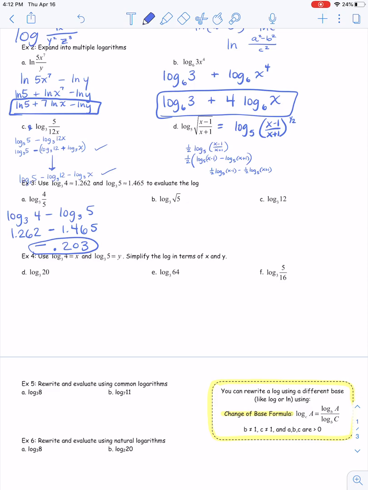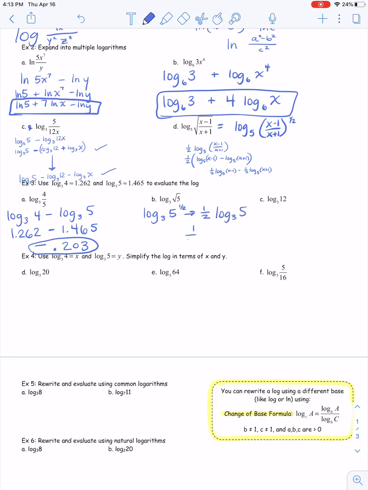Okay. When I see part B, I have the log base 3 of the square root of 5. Well, I'm getting kind of happy because I know the log base 3 of 5's approximation, but I don't know the square root of 5. So if we rewrite the square root of 5 as 5 raised to the 1/2 power, then we can use our power property. So that's exactly what we're going to do. This is really log base 3 of 5 to the 1/2 power. And so using our power property, this is going to turn into 1/2 of log base 3 of 5.